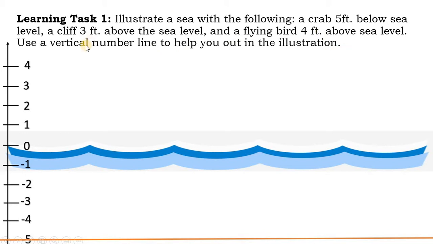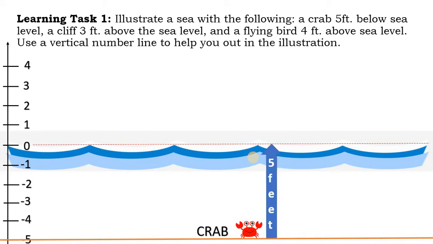So, ito yung ginamit kong illustration. Ito yung vertical number line, ayan. Itong nasa left side. And then, magdodraw tayo dito or kumuha tayo ng mga pictures. Ayan. Ito yung sea level. Ayan. Na nasa 0. Diba? Sea level. And then, we also have the crab, which is 5 feet below the sea level.